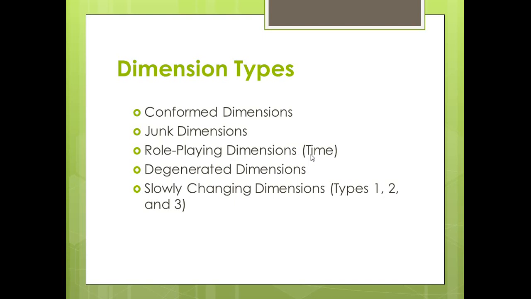Slowly changing dimensions are basically dimensions that have time flags and keep track of any changes to particular items that come in from the front-end database. I'll explain that later. And what is a junk dimension? Basically, a junk dimension is when you have small dimensions, attributes that you need to keep track of, and the attributes don't fall into any of the entities.